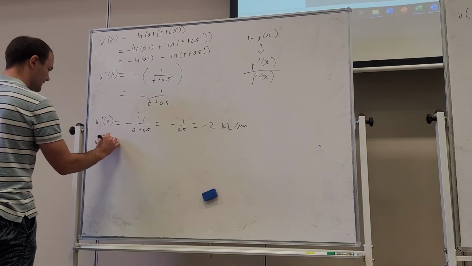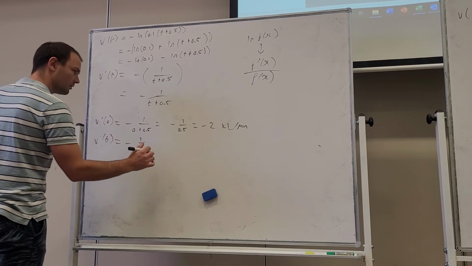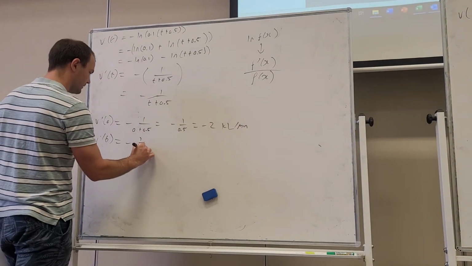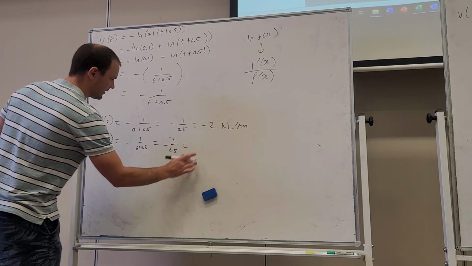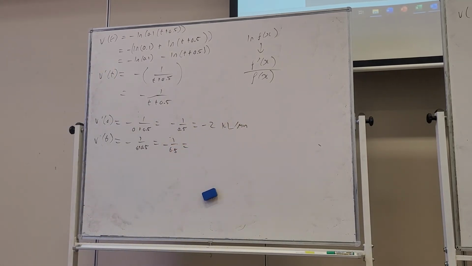Okay, what about when time is 6? So v dash of 6 on 6 plus 0.5, and we get that to 3 significant figures.